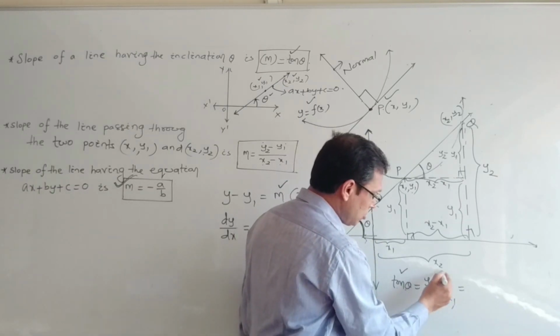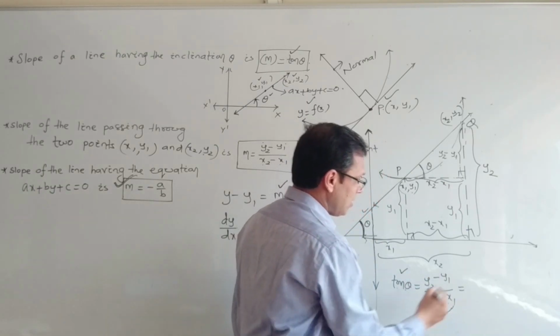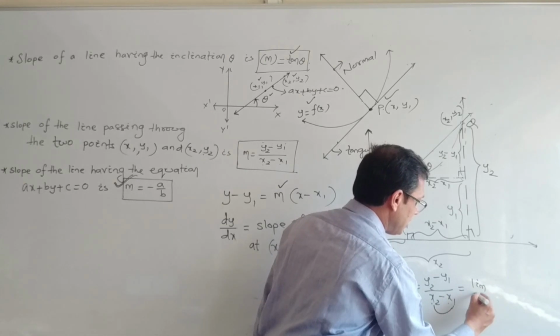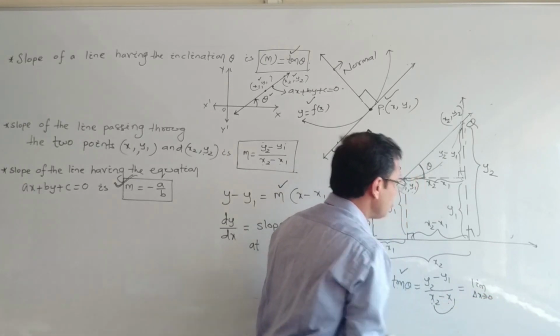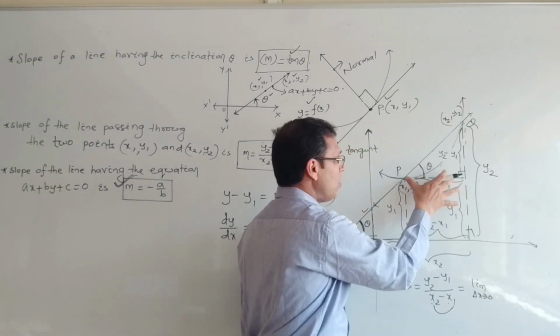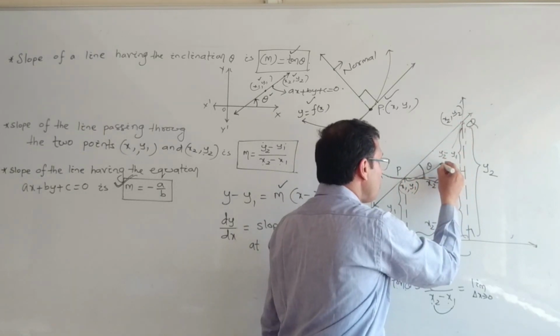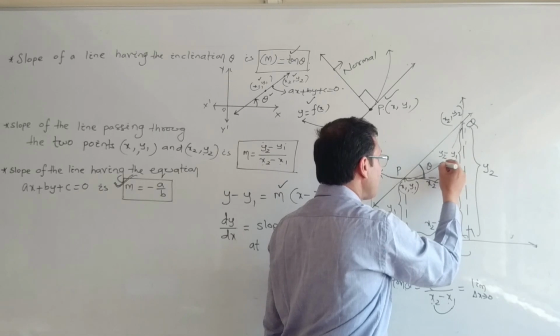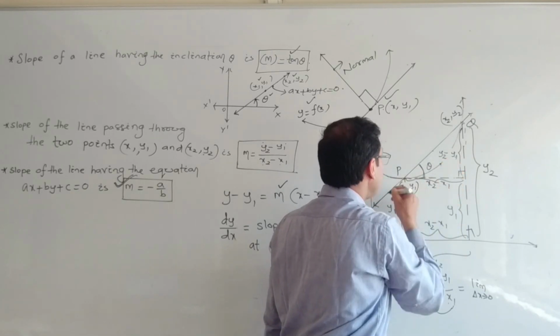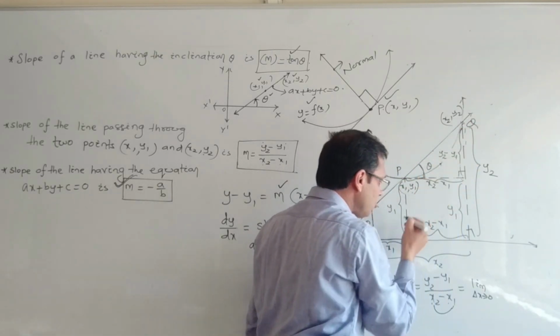That is the rate of change of y with respect to x. That means limit delta x tends to 0, where this is the change in x. When it tends to 0, these two points coincide. When they coincide, this secant is converted into the tangent.